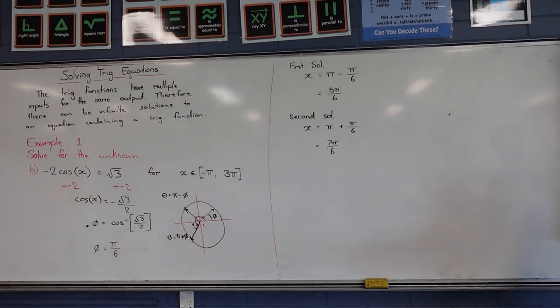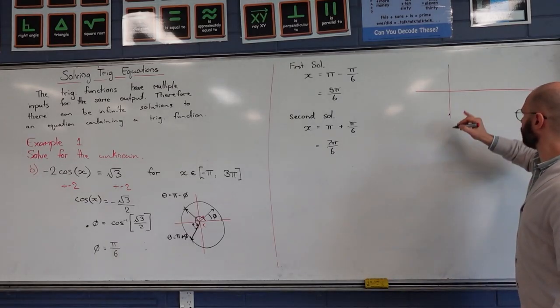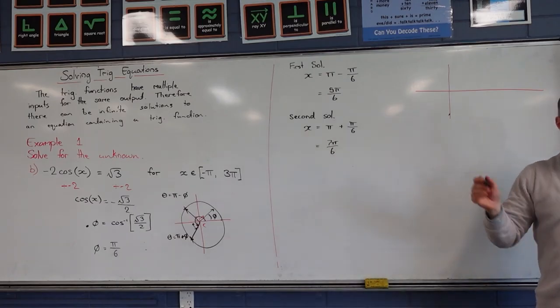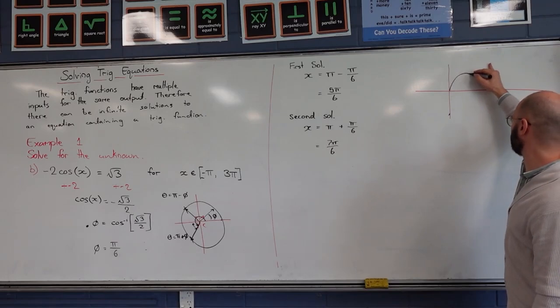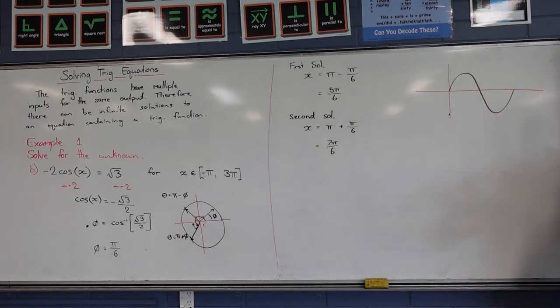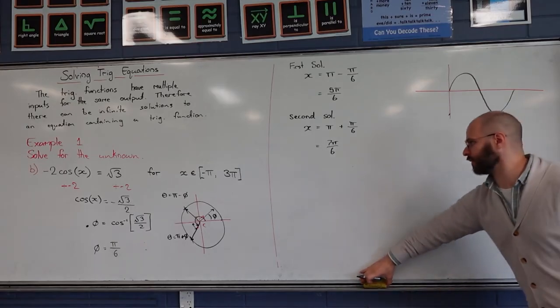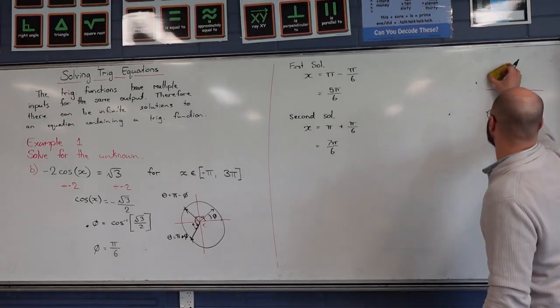Think about our domain. Sine over a domain of 2 pi looks like that. But oh sorry, that's sine. We need cosine. Let's try again.